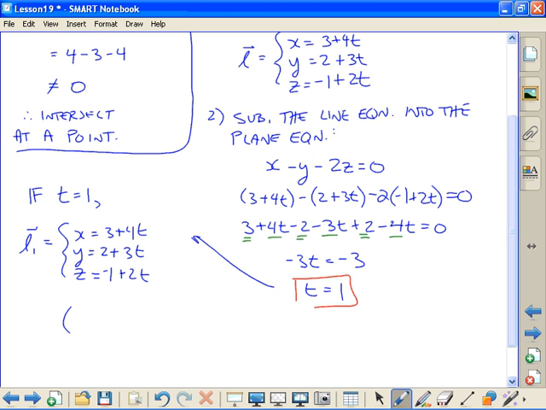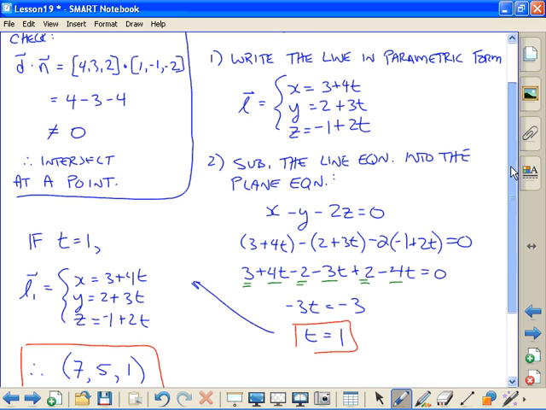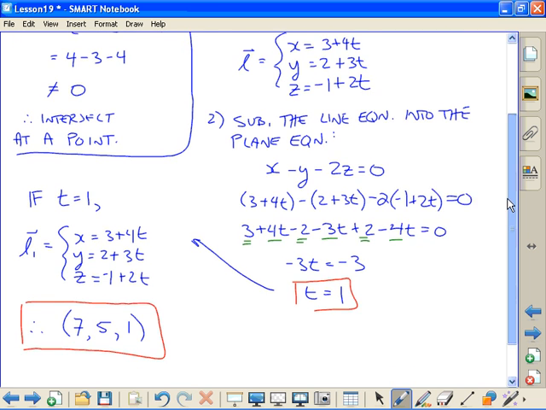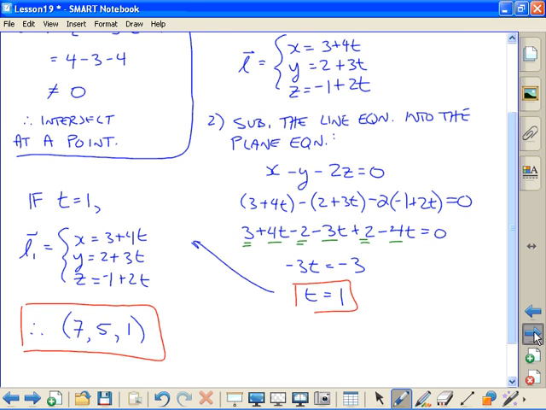We get the coordinate, and just substituting 1 in for t, we get 7, 5, and 1. So there is our final answer. The line and plane will intersect at 7, 5, 1. And that's the process, steps 1 and 2, that's the process that we use for all line and plane interactions.